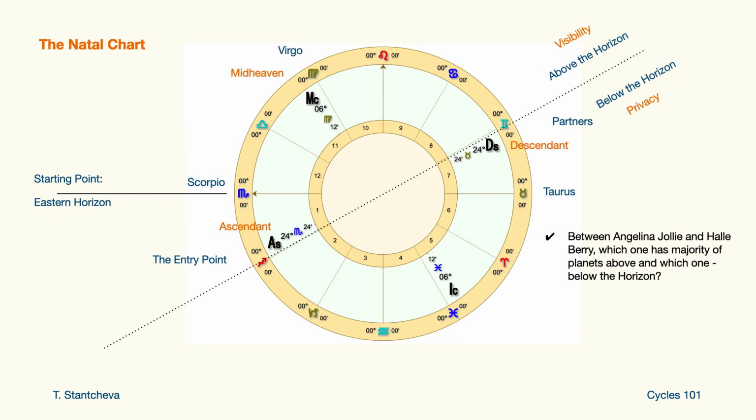For the midheaven, you can guess, in this particular case, Virgo gives you a key to that visibility point. It is the highest visibility. So it tells you what people see before you have even entered the room. So your reputation precedes you. That is your reputation, your visibility, your career.